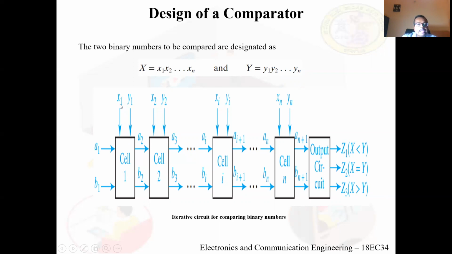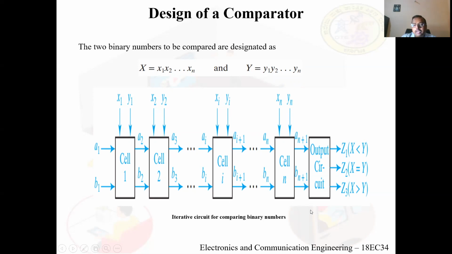First, the MSB bits x1 and y1 are compared, and the result of that is given to the next cell. This cell receives the inputs x2 and y2, and the result of this comparison is given to the next cell, and so on to the rightmost cell. The result is then given to the output circuit.